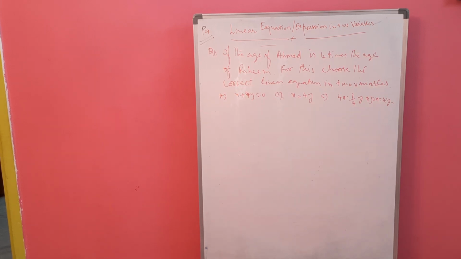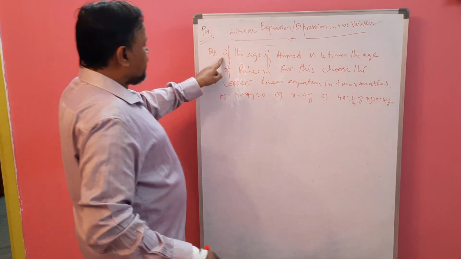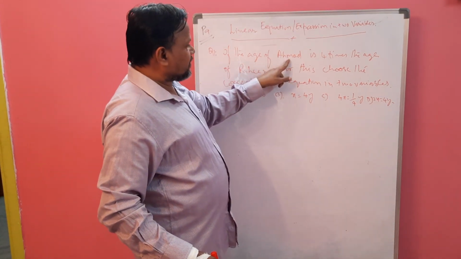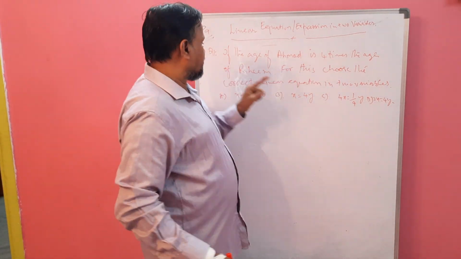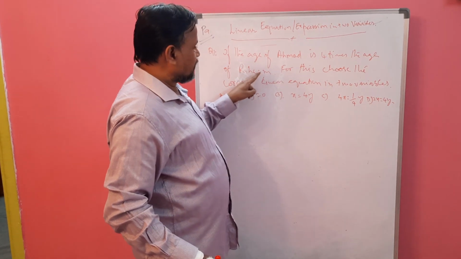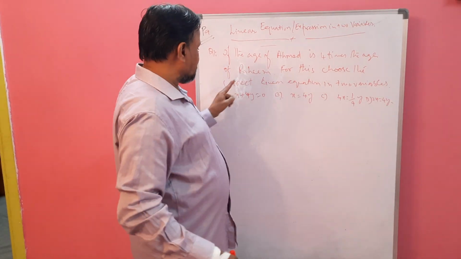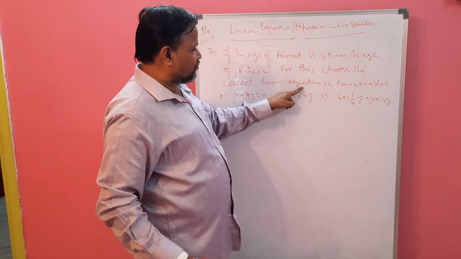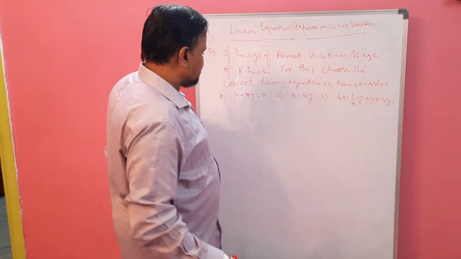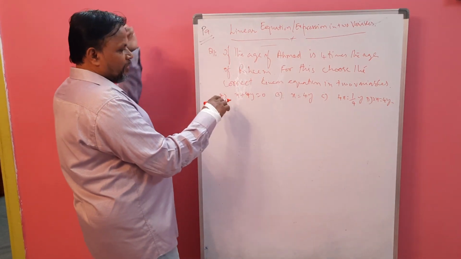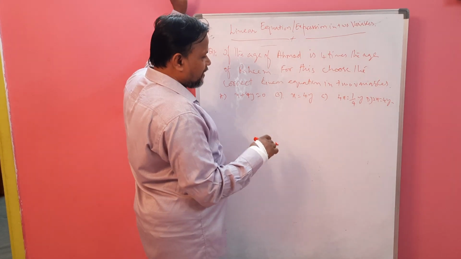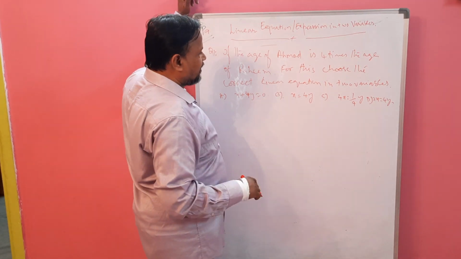Now question number 1. If the age of Ahmad is 4 times the age of Rahim, choose the correct linear equation in 2 variables. The 2 variables x and y are given, so we can take x and y.